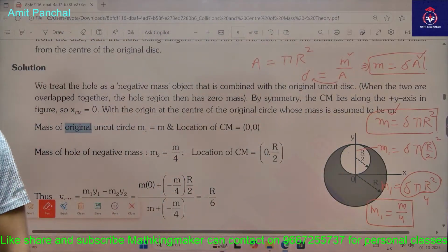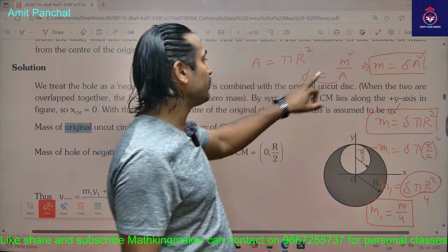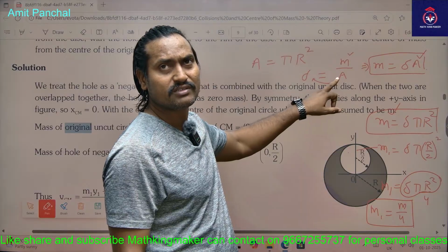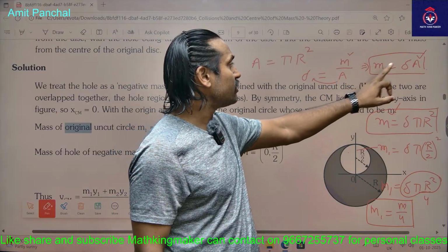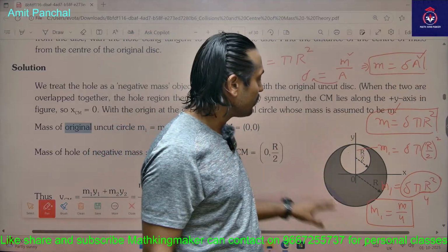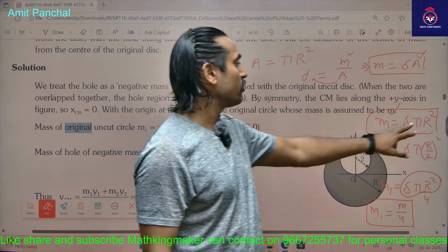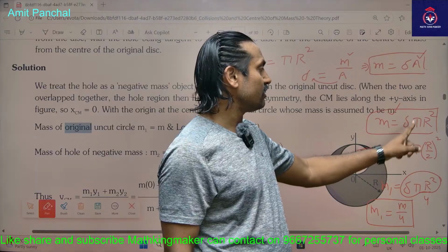I don't understand it properly. Why are you not understanding it? Surface density is m by a. Do you understand it? Yeah, surface density is m by a. So what is m? M is surface density into a. What is the area of this entire circle? Pi r square. So its mass will be surface density into pi r square.